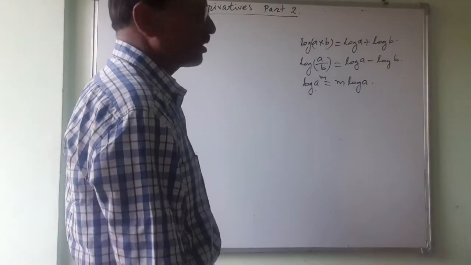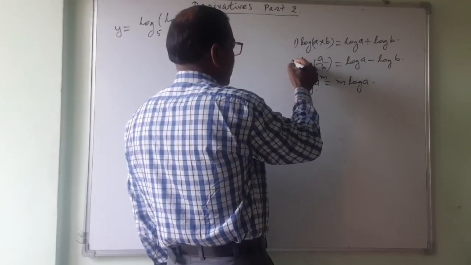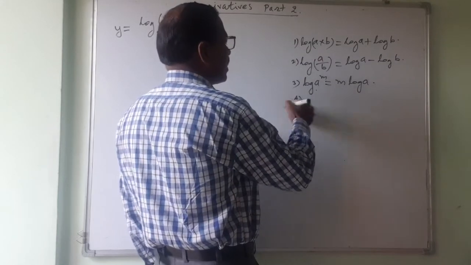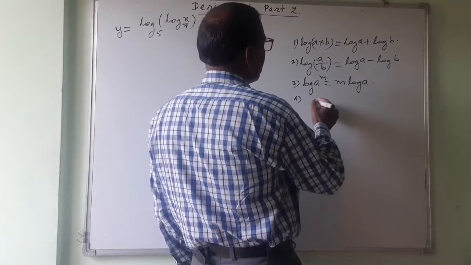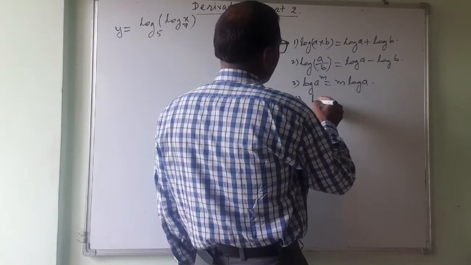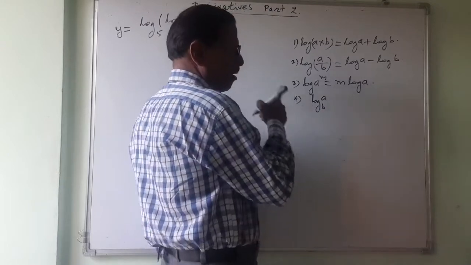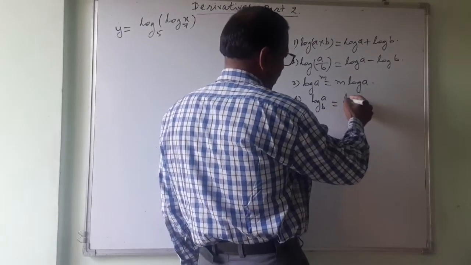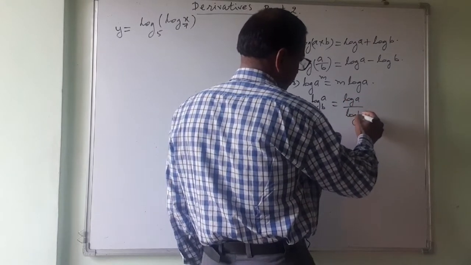These are very important formulae for logarithm. Another one, the fourth one I will give you, is log of a to the base b. Log of a to the base b is equal to log a upon log b.